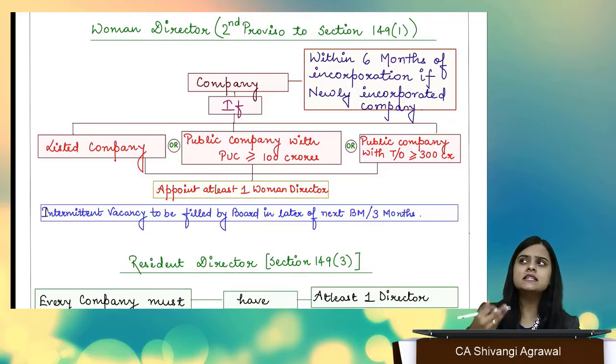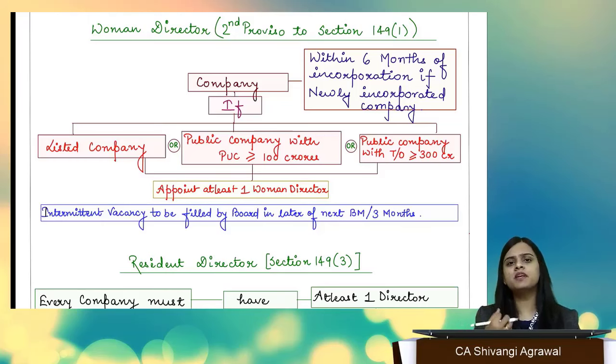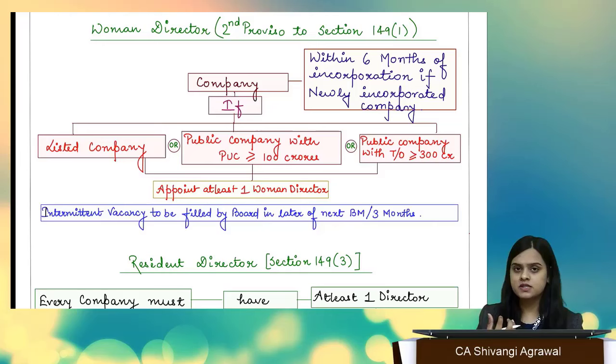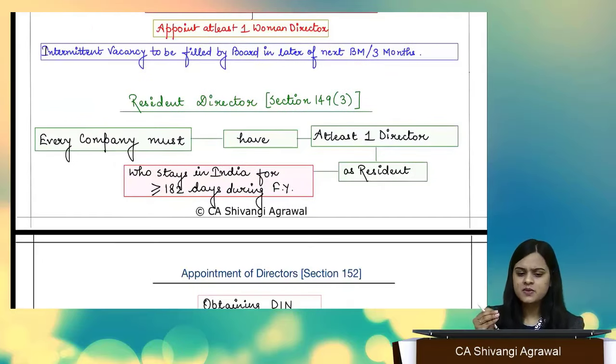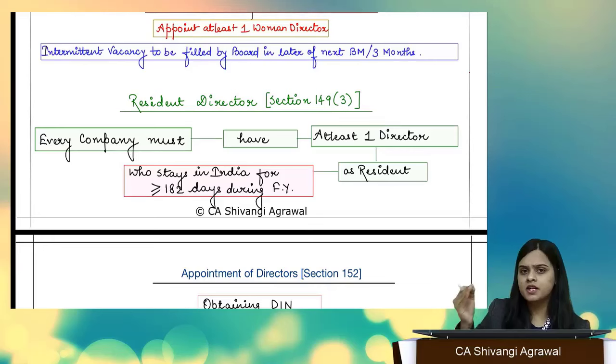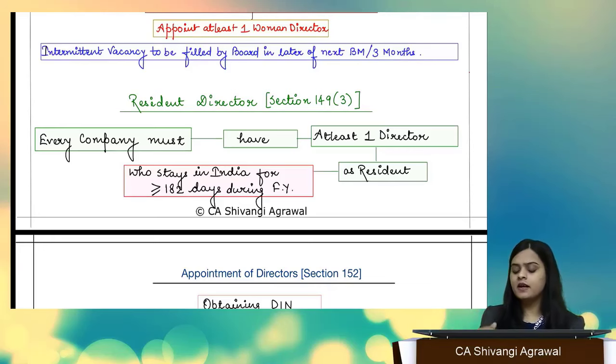So the whole intention is that the company pre-hand knows that I have this requirement of woman director, and so it has to appoint woman director within 6 months of incorporation. Otherwise, we don't have any specific clarification or law given as to if the threshold increases by when woman director should be appointed, right? All the directors are being appointed in general meeting, and so this woman director will also be appointed.